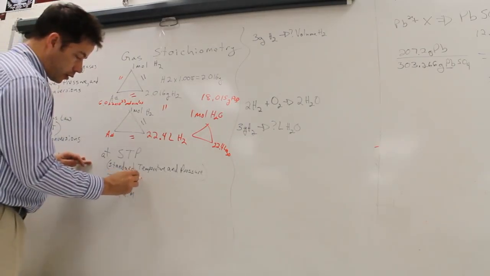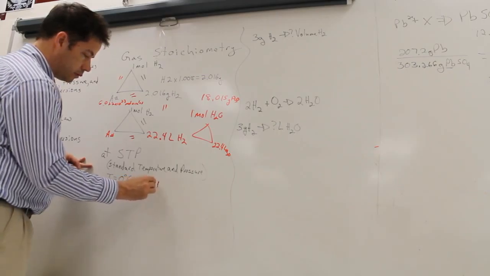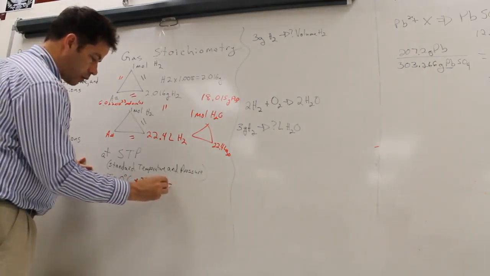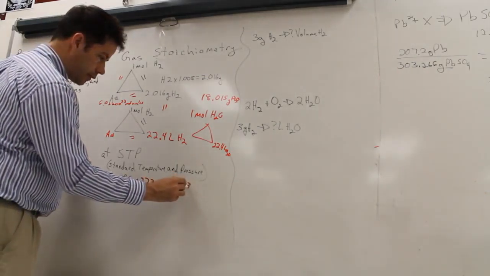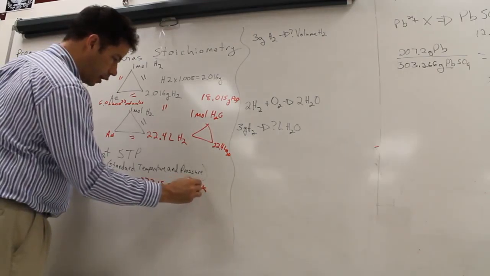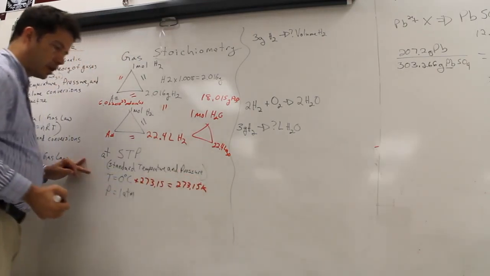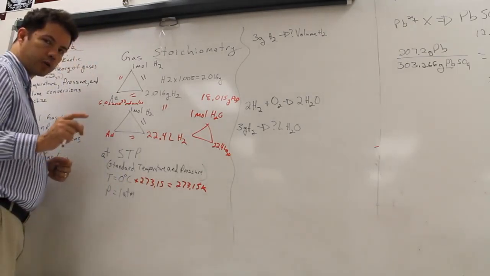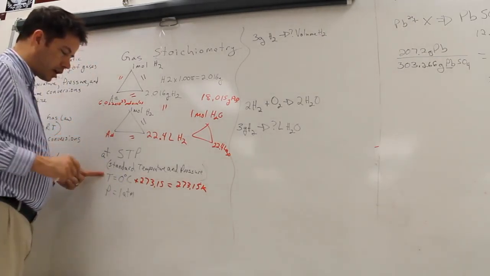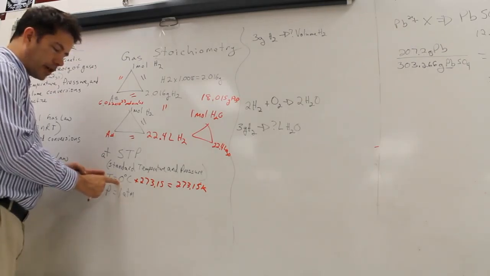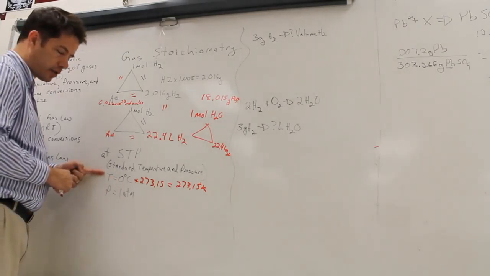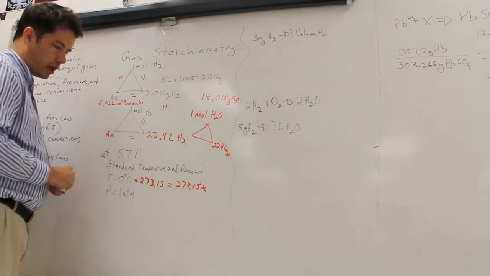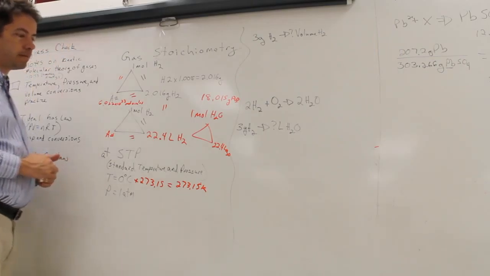And if we were to convert that to Kelvin, we would get 273.15 Kelvin. Now, it's interesting because we are going to convert it to Kelvin, but most textbooks and most people, when they talk about STP, they're going to talk about it in terms of degrees Celsius, 0 degrees Celsius and 1 atmosphere. Okay?